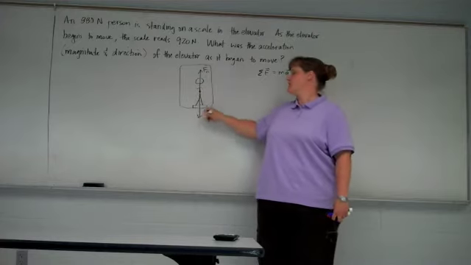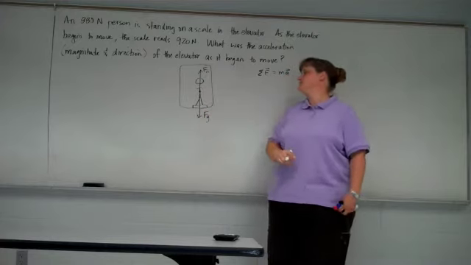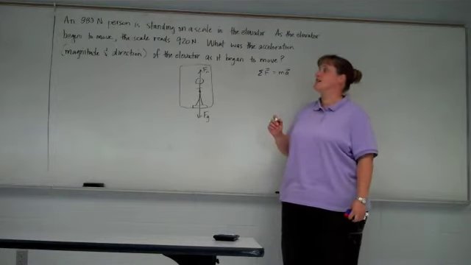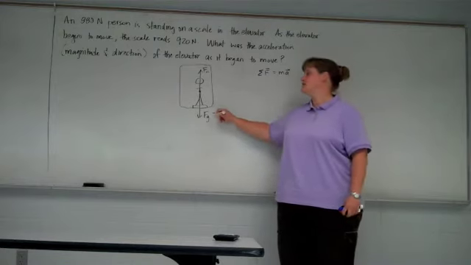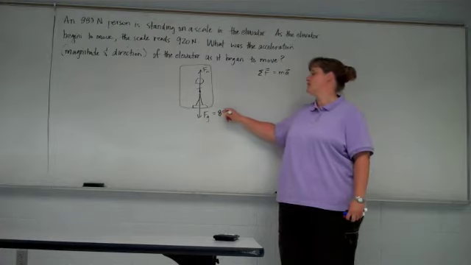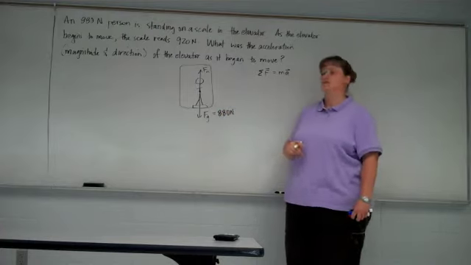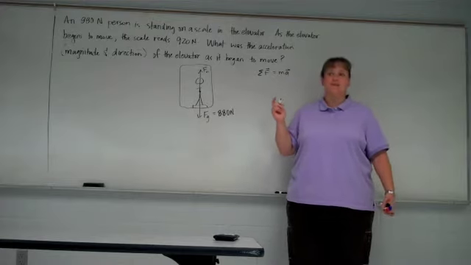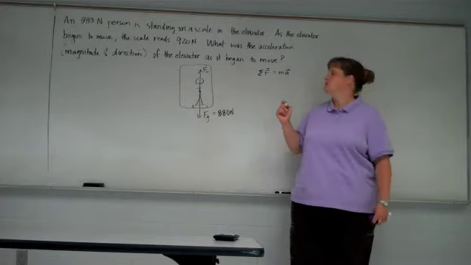We also have a force of gravity acting on our person. The 880 newtons is the force of gravity. Newtons, remember, is a measurement of force, so it already is the force of gravity.